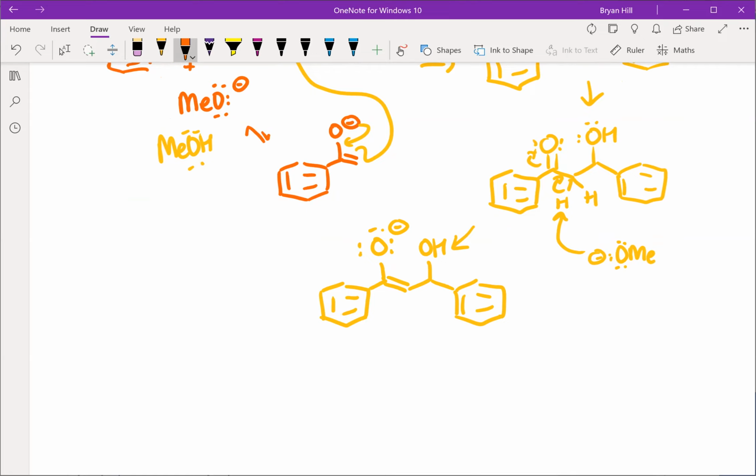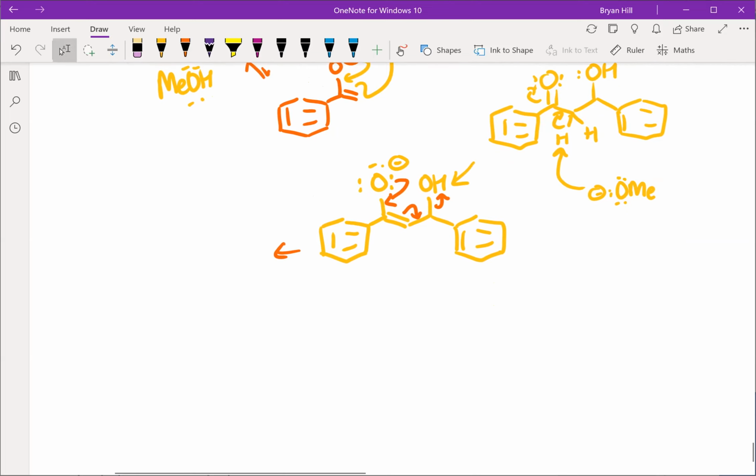And then this does something really interesting. These electrons come back, these electrons go here, and that boots out that. And we end up with our product.